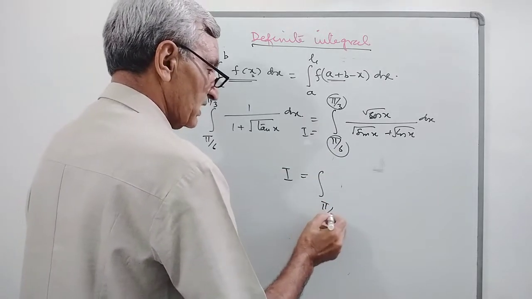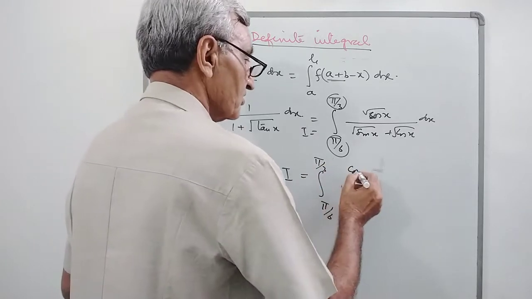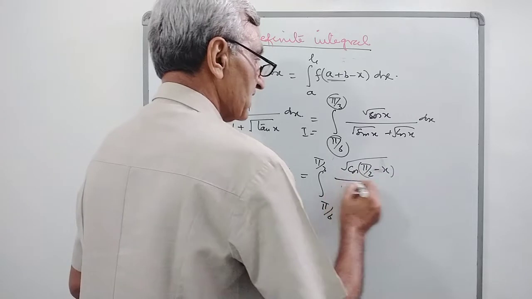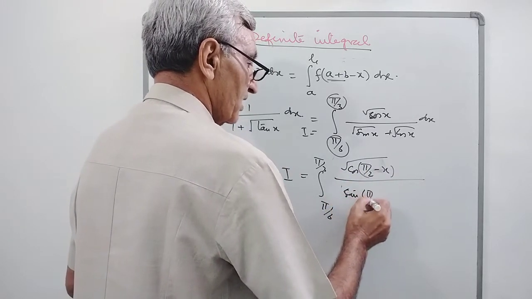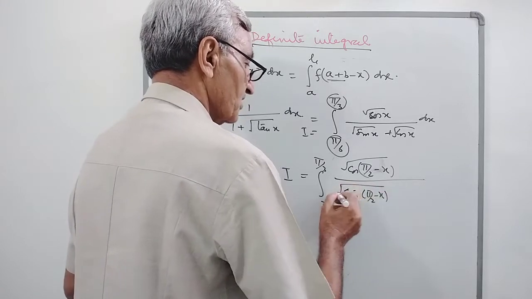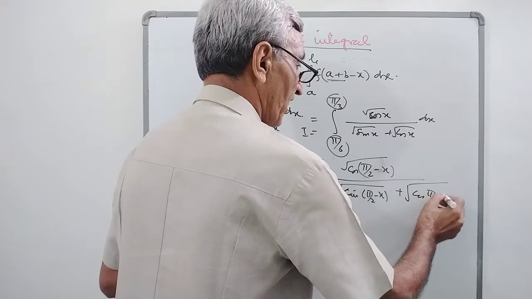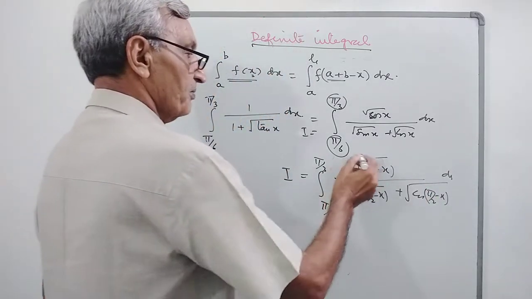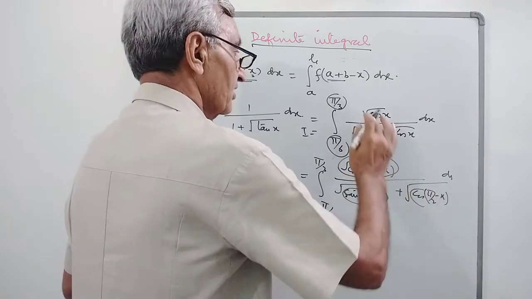From pi by 6 to pi by 3, this is equal to cos of 90 minus x under root, that is sine, and sin of 90 minus x is equal to cos x, plus cos of 90 minus x. And you find this here. Here sine and cos come, here cos and here sine, I will add both.